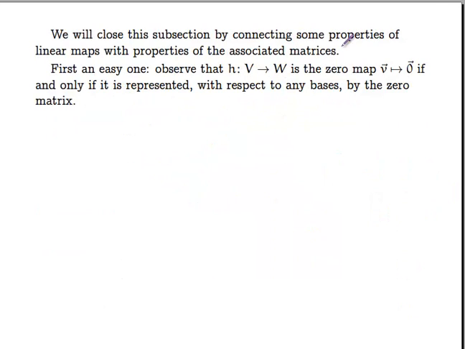So let's now connect some properties of linear maps with properties of the associated matrices. First, we observe that if H is the zero map, then the matrix that represents it must be the zero matrix. Okay, how do we see that?